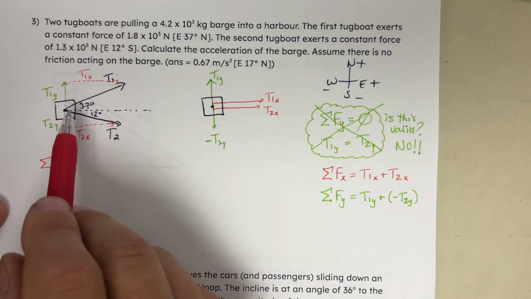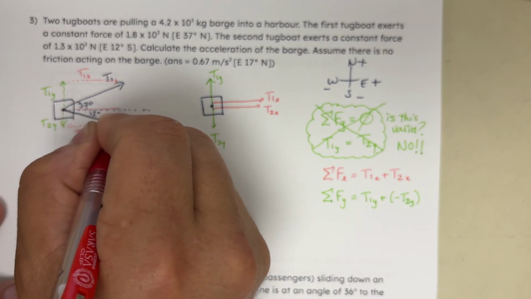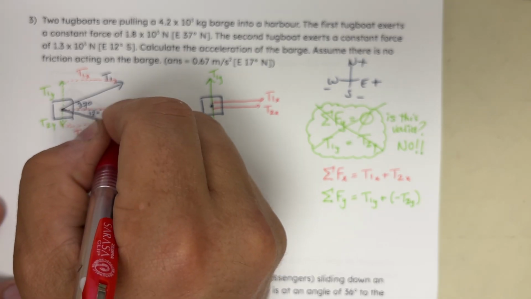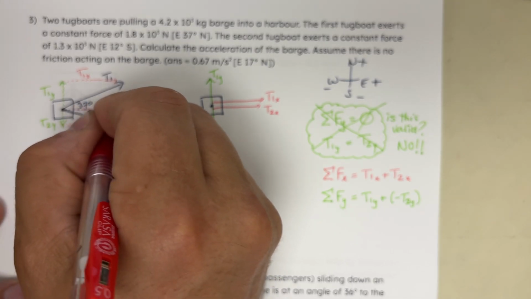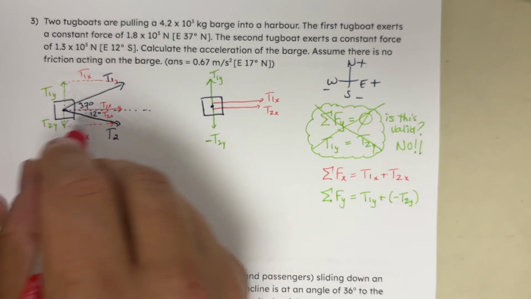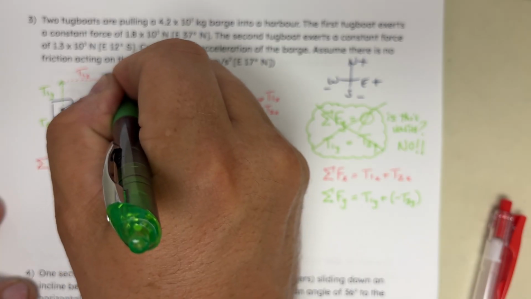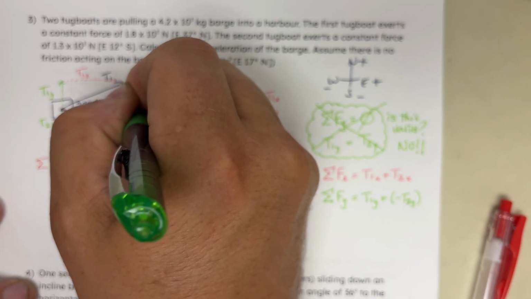The way I drew them, it might be a little bit different, but you can also look on here and say this is going to be the same as T1x and the same as T2x in terms of our diagram here. They're not necessarily equal. And this is going to be T1y and this is going to be T2y.